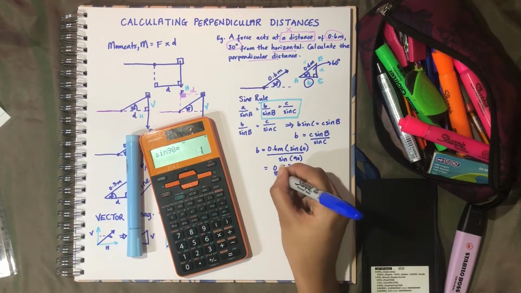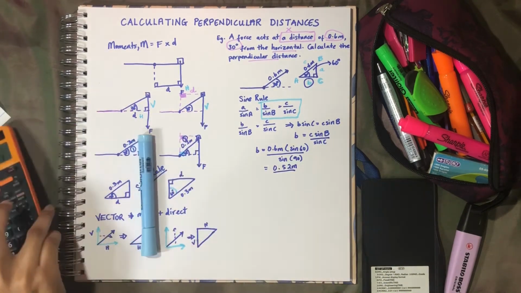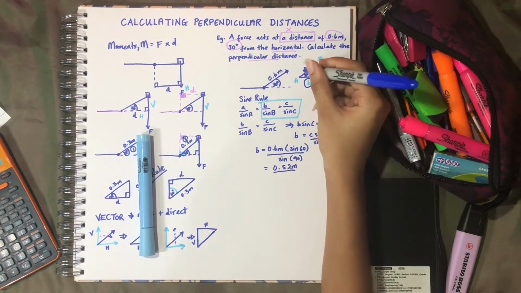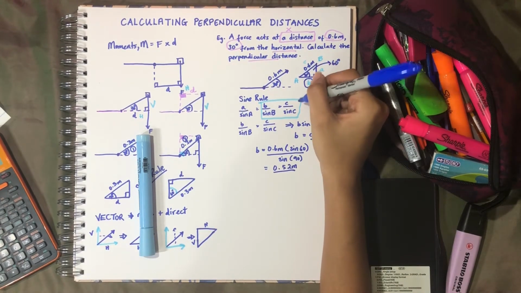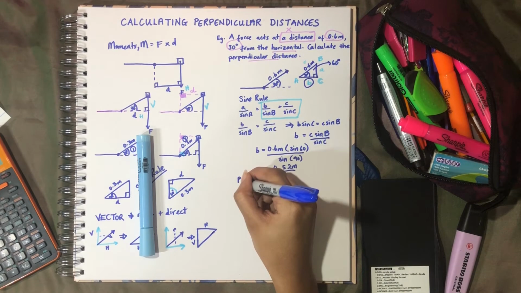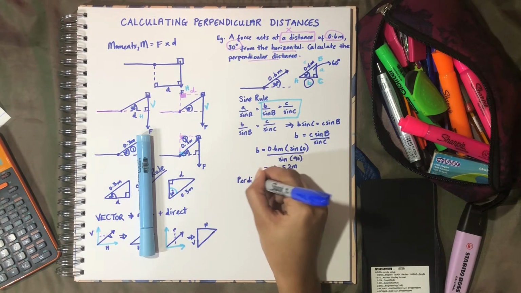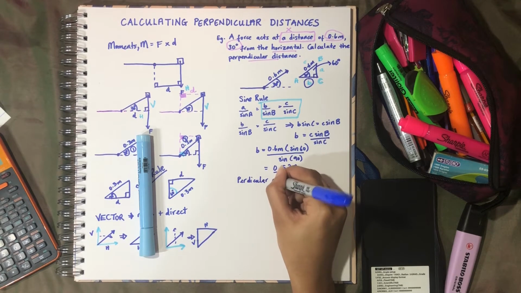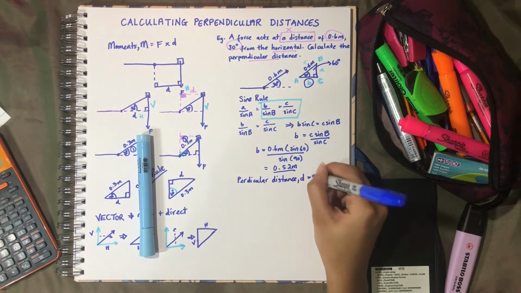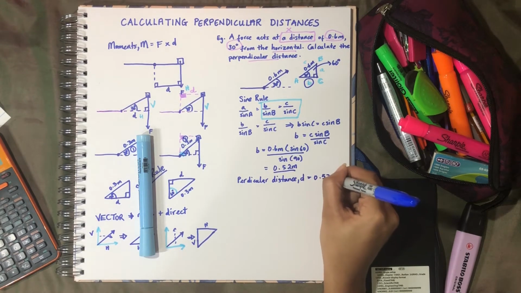So we know that b is 0.52 meters, and we used b to label the horizontal component, or the perpendicular distance. So the answer to this question would be that the perpendicular distance d would be 0.52 meters.